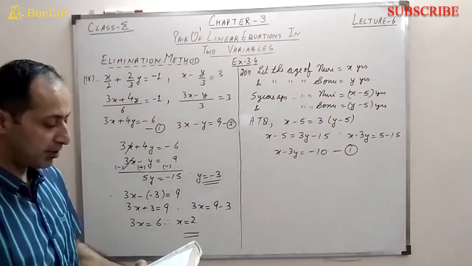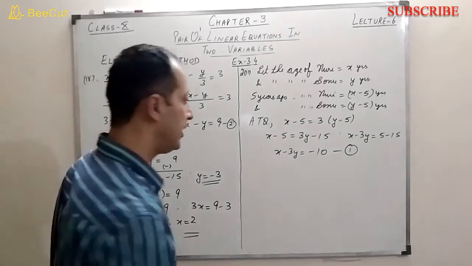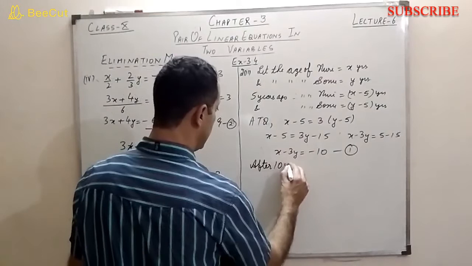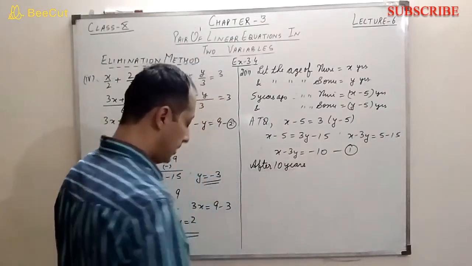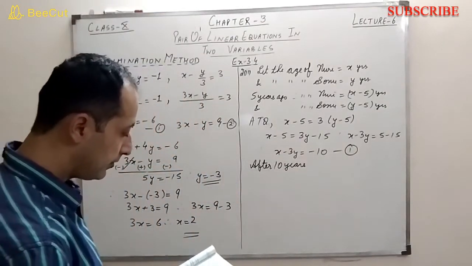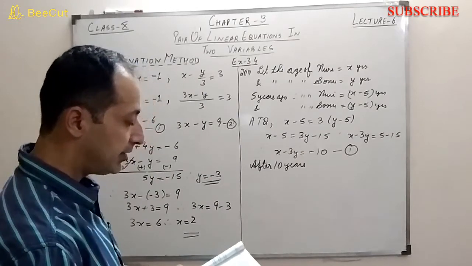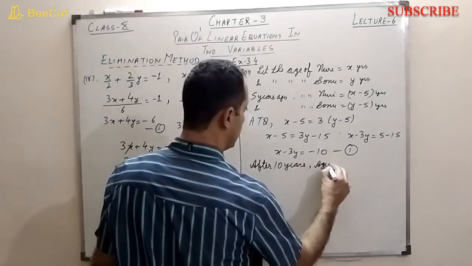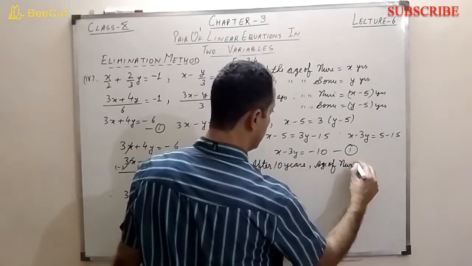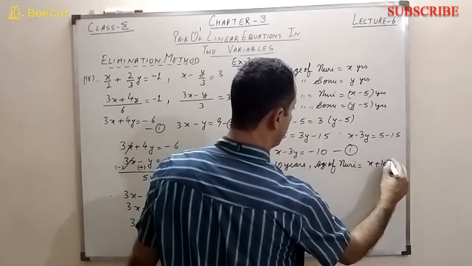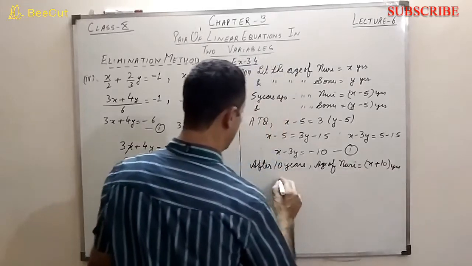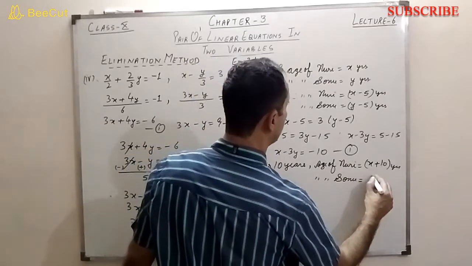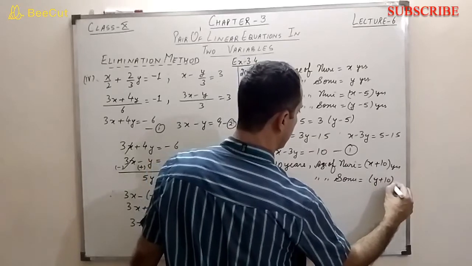Then what is the second condition given? 10 years later means after 10 years. So after 10 years, it is given Nuri will be twice as old as Sonu. So first of all, the age of Nuri will be x plus 10 years and the age of Sonu will be y plus 10 years.